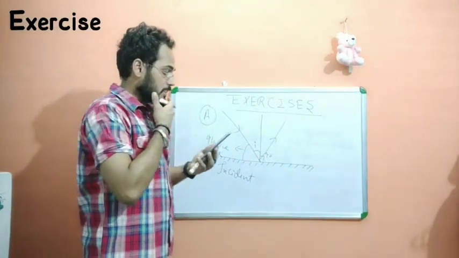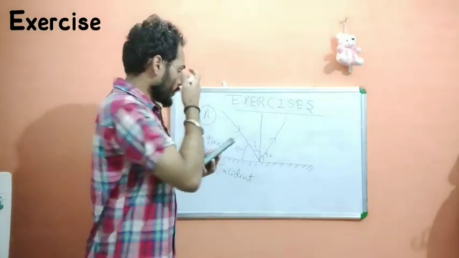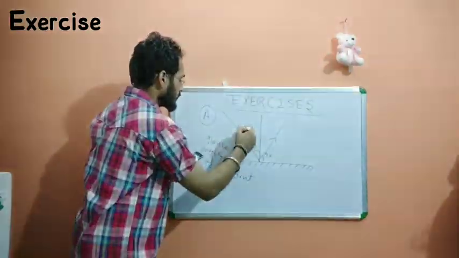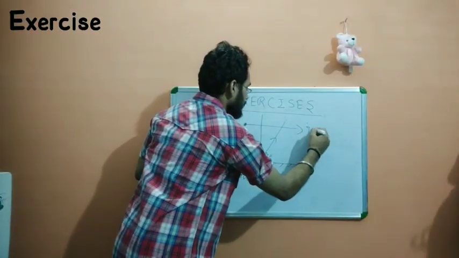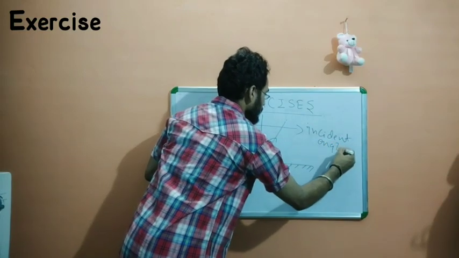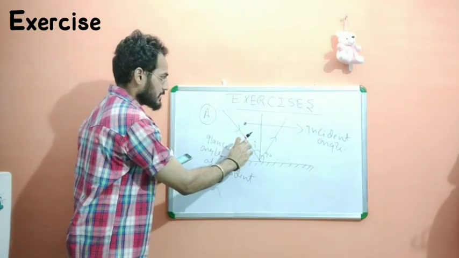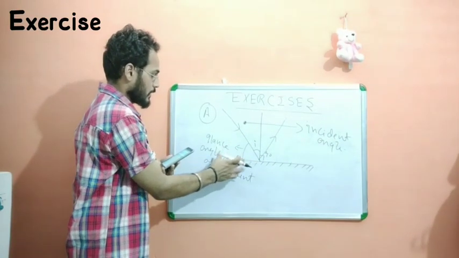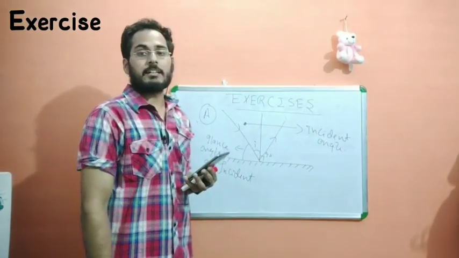So here the question is what is the angle equal to 90 minus the glance angle. It will be the incident angle, because this is the 90 normal minus the glance angle, that means the angle formed between the mirror and the incident ray, and the rest will be the incident angle we will get.